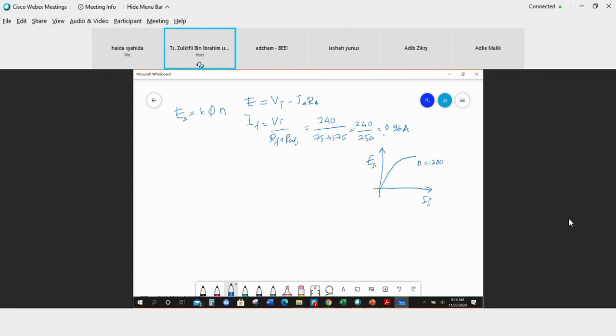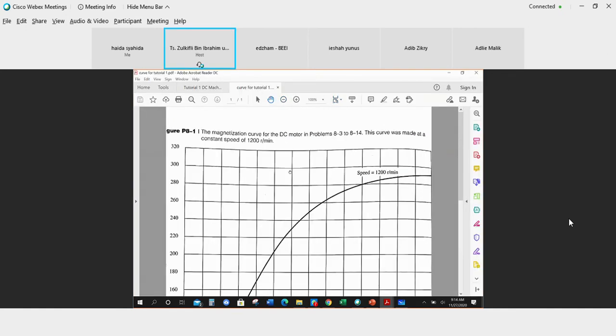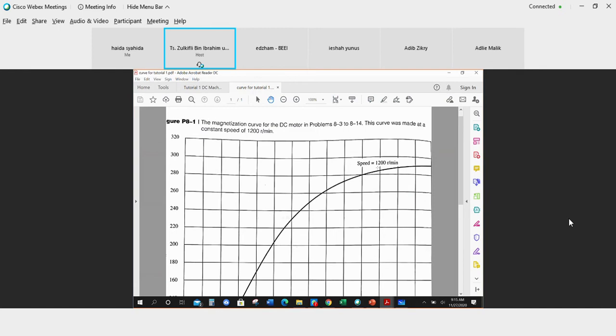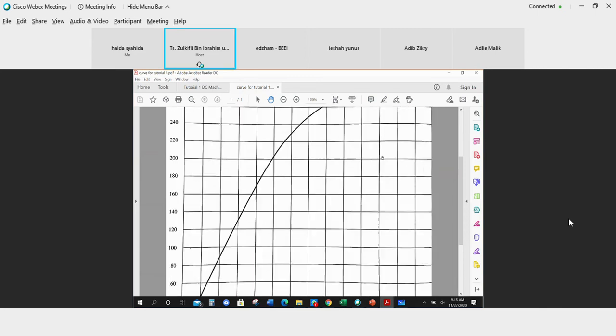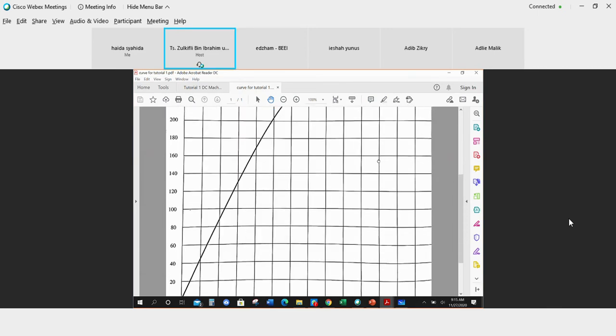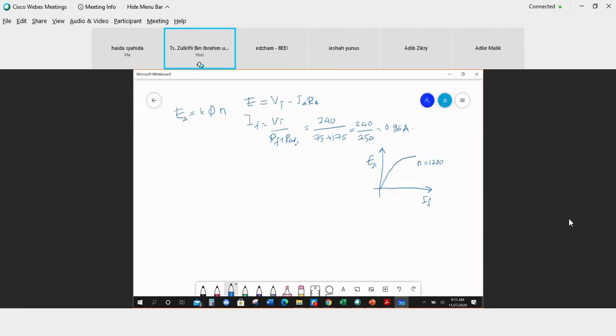Alright, so if you look at this curve, you can see this curve has been tested, obtained when the machine is running at a speed of 1200 rpm. So from this curve, you get the 0.96 of field current.